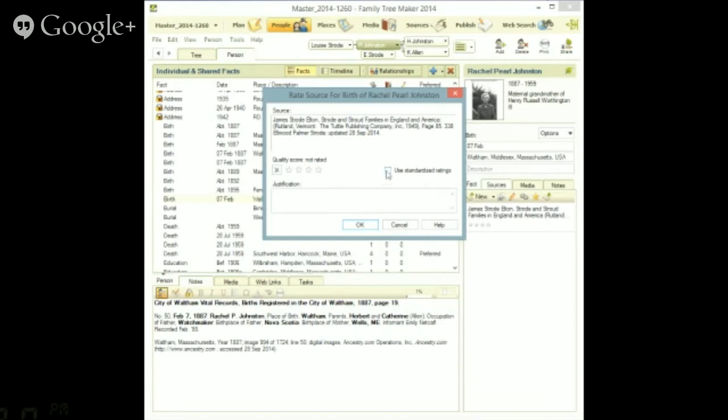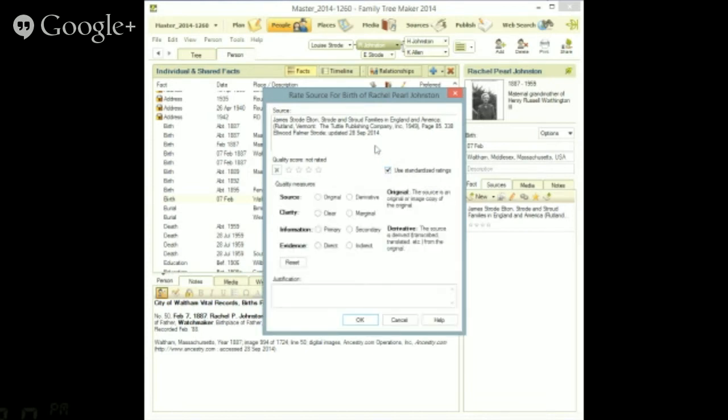However, there's a feature that it took me a number of versions before I saw, and it says Use Standard Ratings. Now, what does that mean? Well, that's what I want to talk about. There's source, and there are two definitions, original or derivative, and you can see on the right where it says original, the source is an original or image copy of the original.